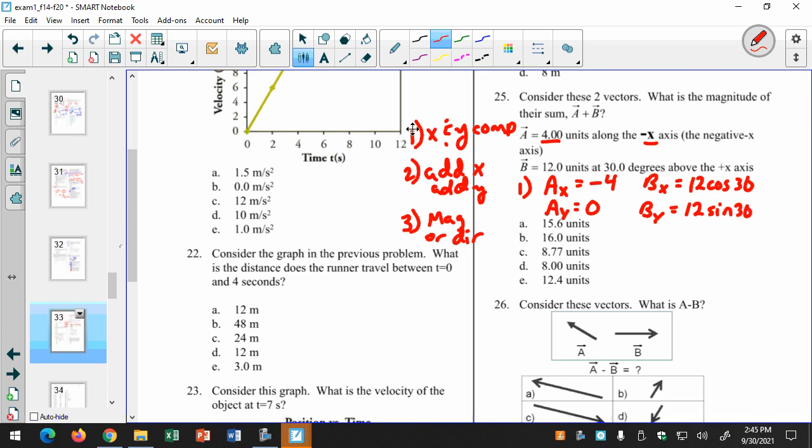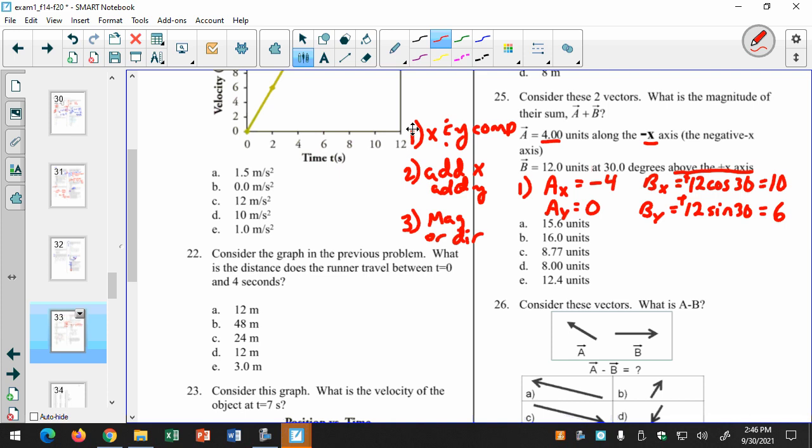I'm going to check, make sure that they're positive or negative. This vector is above the plus x-axis. That means it's in the first quadrant, so both of those are going to be positive. So that's going to be 10.4, I'll just say 10, and 6.